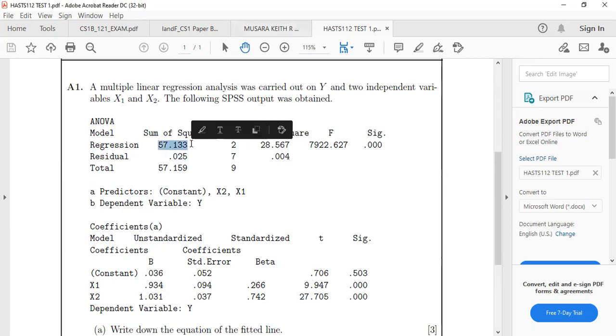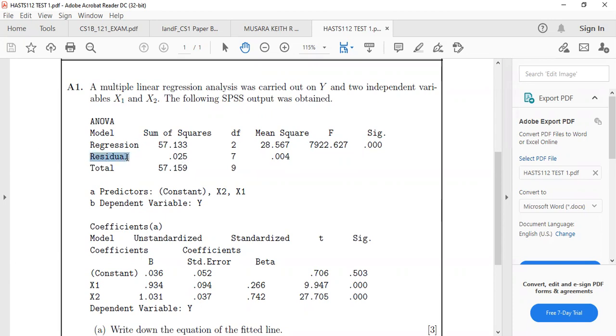Yes. I wonder somebody who would say, why didn't you say the answer? Next time, if I teach you a similar course like this, when you are doing Zoom, it's better you be removed from this Zoom because you seem like you don't want to contribute. You are waiting to check on somebody's answer. Be careful on that one. So SSR is 57.1333, that's SS regression, right?